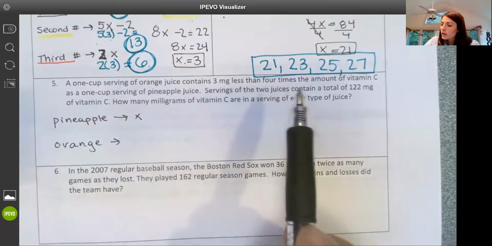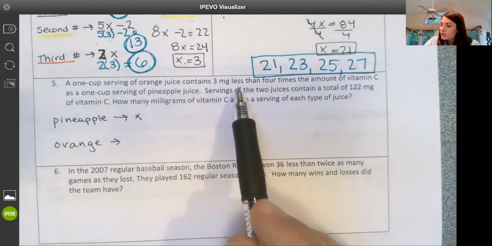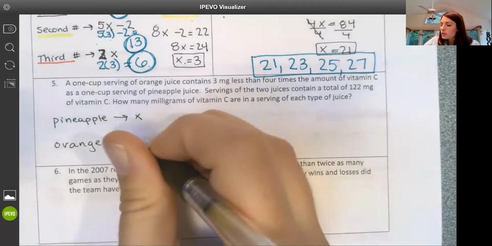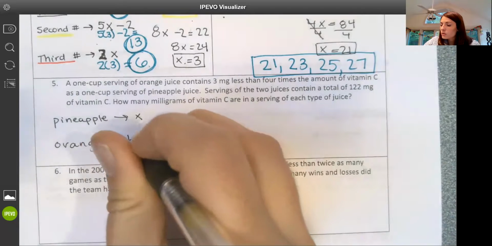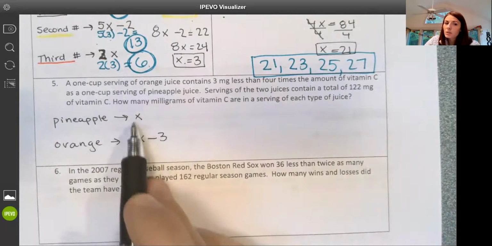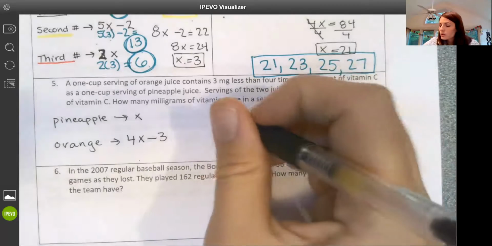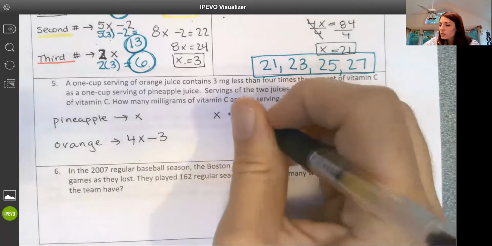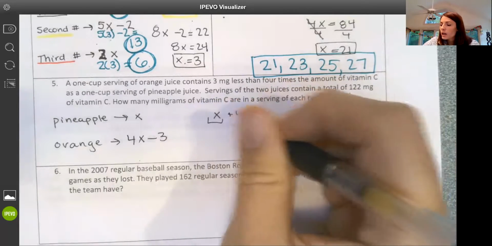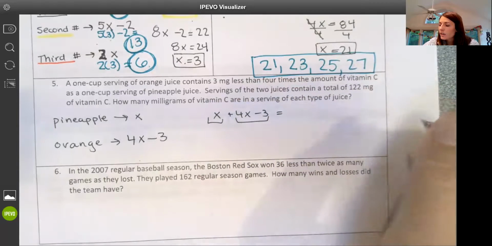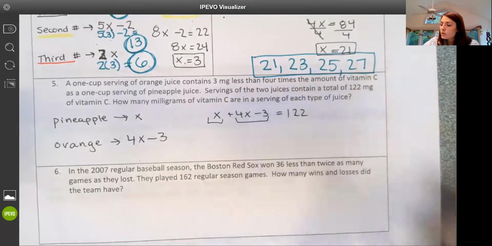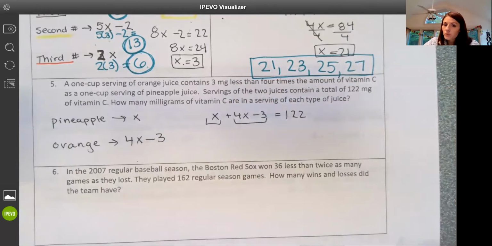It's 3 milligrams less than 4 times the amount of vitamin C in pineapple. Together, the two juices, so pineapple plus orange, have 122 milligrams of vitamin C.